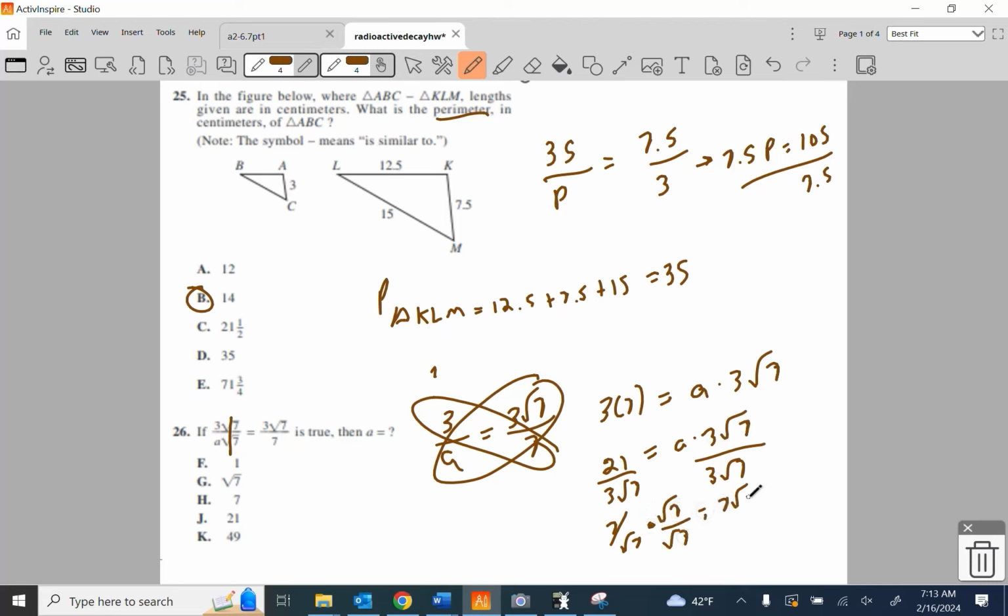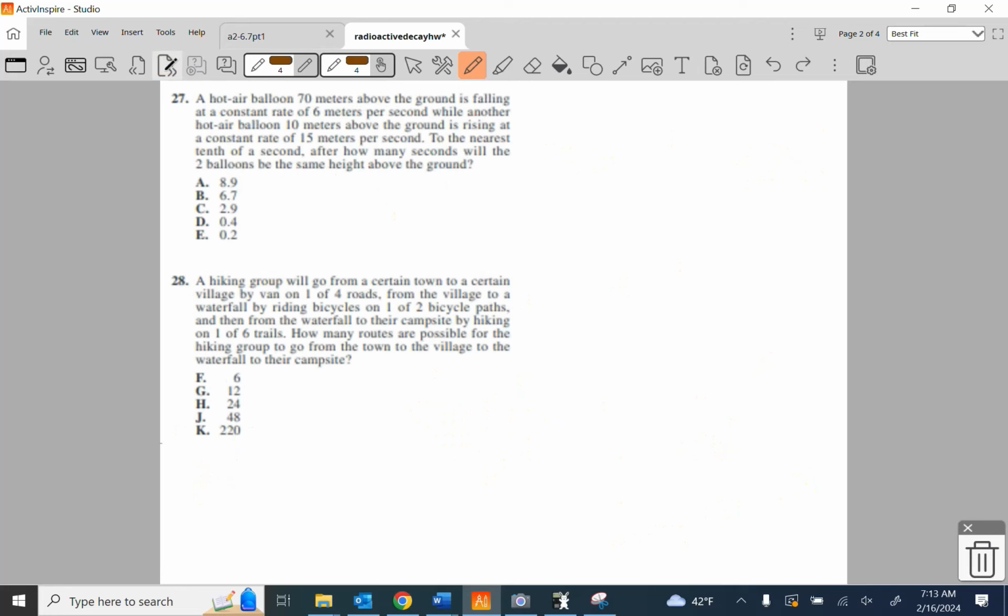And we'll get 7 root 7 over 7, which is root 7. There you go. Like I said, there's some shortcuts to this, which would have made that a lot quicker. Would have saved you some pain, too.